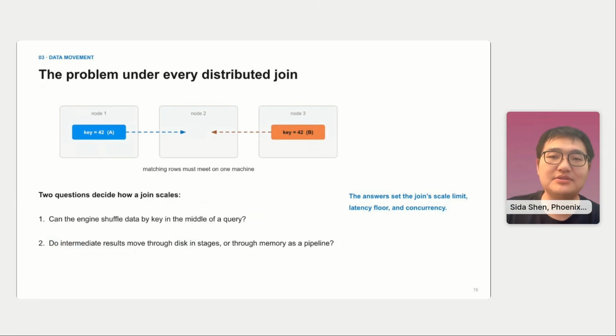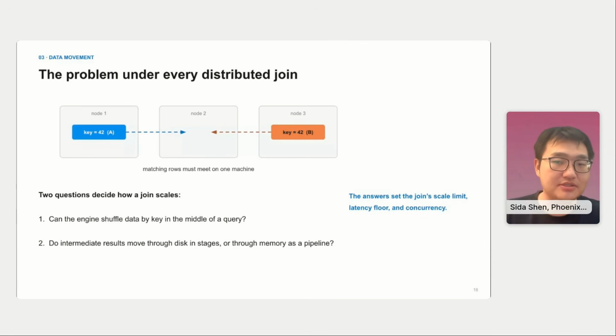And the problem is, the data is sharded by some key into different nodes. You need a way to shuffle the data by your key while the query is still running. This is called data shuffling. You want all of your nodes to have access to all of your data at the same time, so that all of the nodes can work on that one problem at the same time.